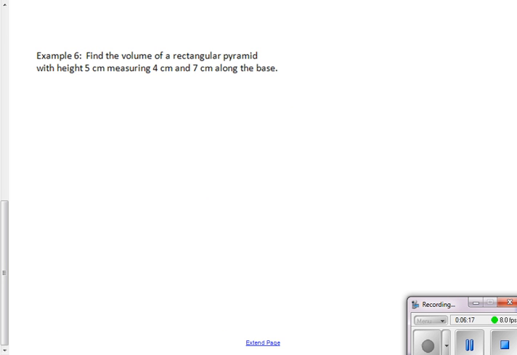Example 6, find the volume of a rectangular pyramid again. They give us the height of 5 centimeters and measuring 4 by 7 across the base. So we have a rectangular pyramid here. Start out with the formula. Next, we'll go ahead and sub in values that we know. And a length and width is talking about the area of the base.